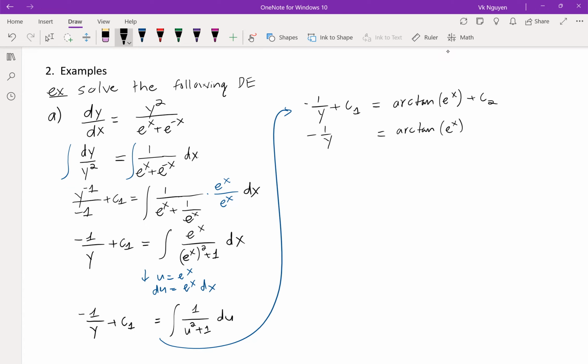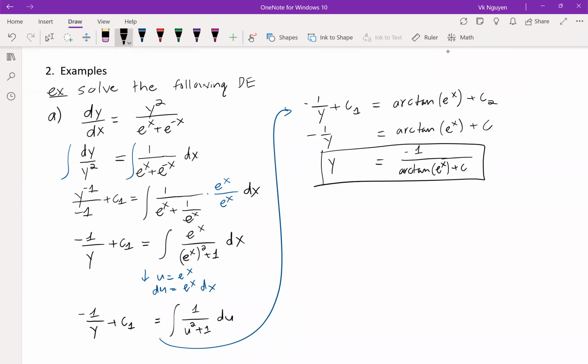Now, c2 minus c1 is just another constant. So I'm going to write plus c. And from here, we can solve for y. So y would be negative 1 over arctangent e to the x plus c. Very nice.